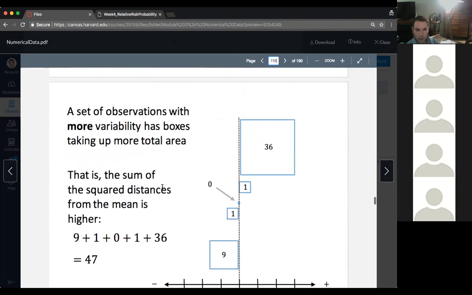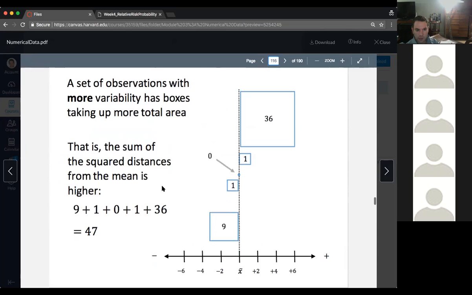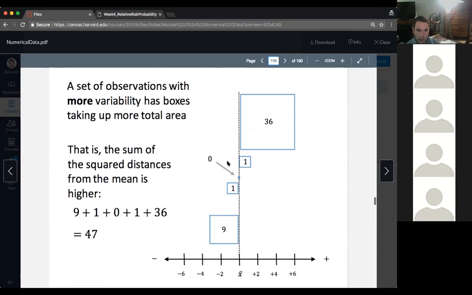So this is showing you how to understand variance, and here there's 5 different points in this set. Here you have a point at 6. Here you have a point at 1. Here is a point at 0. Here's a point at -1, and here's a point at -3.